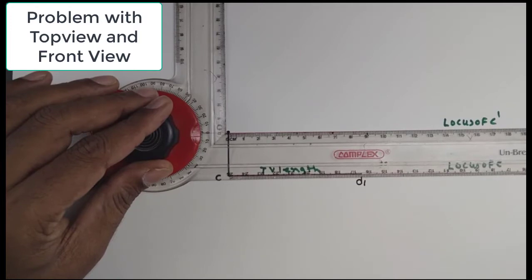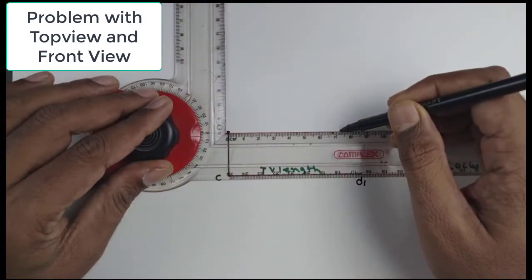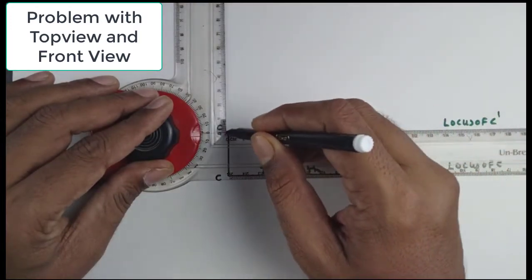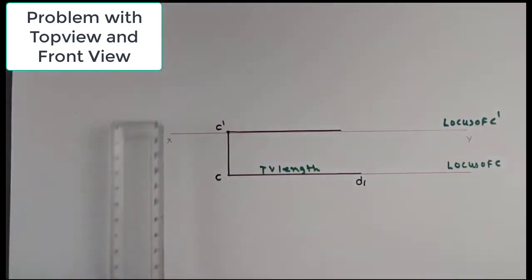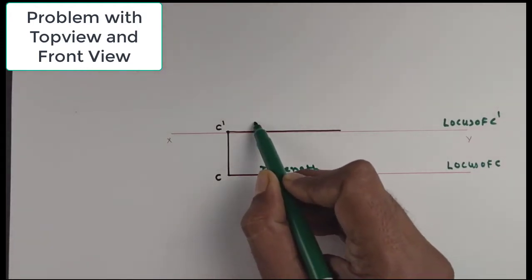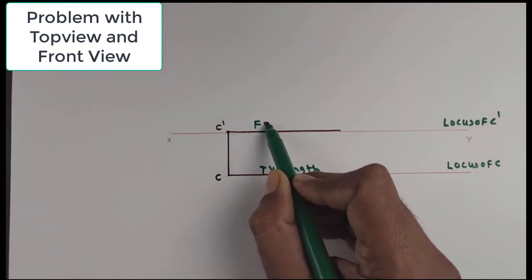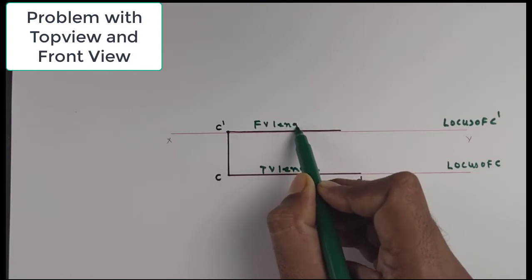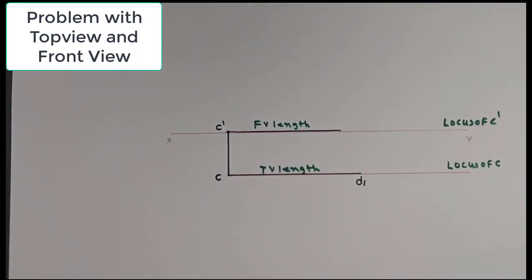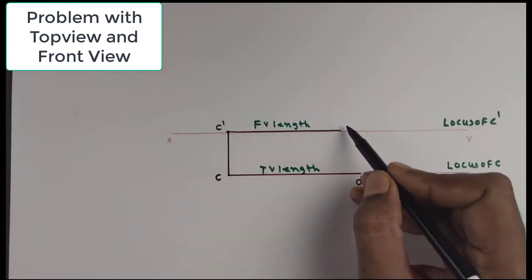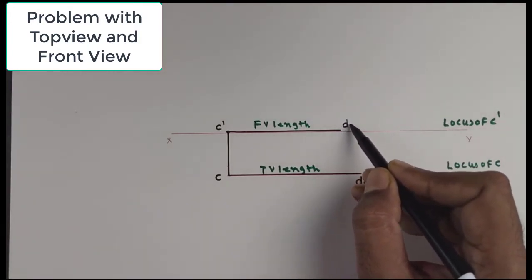So I take the 73 mm and draw the line where I mark the front view length. And the end point of the front view length is the elevation point of plan D2. So here it is D2 dash.